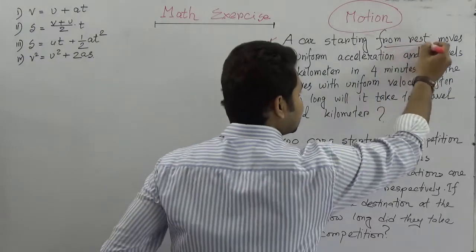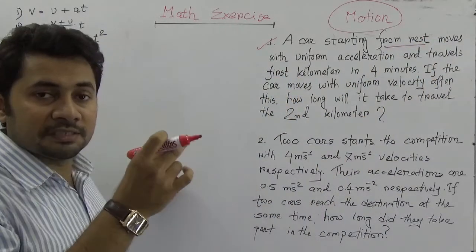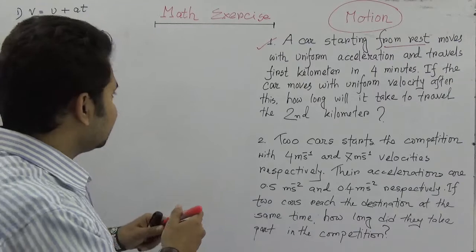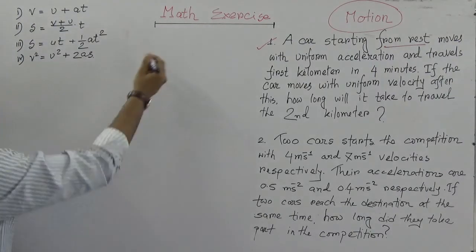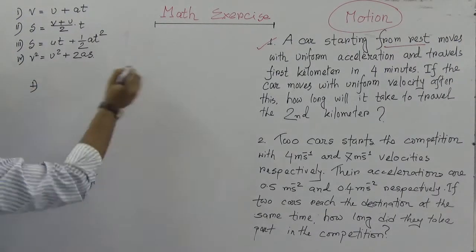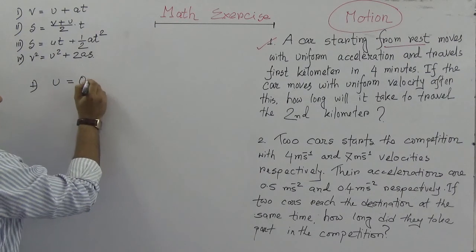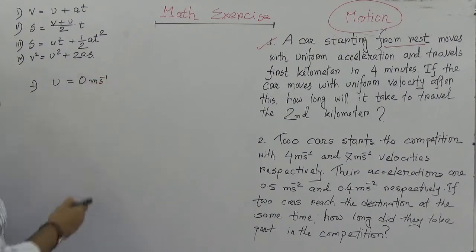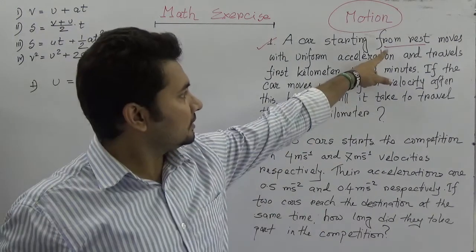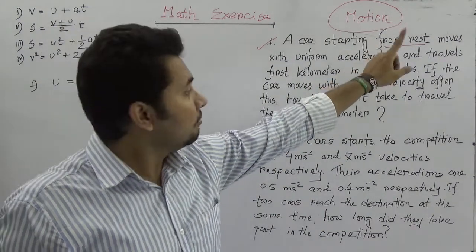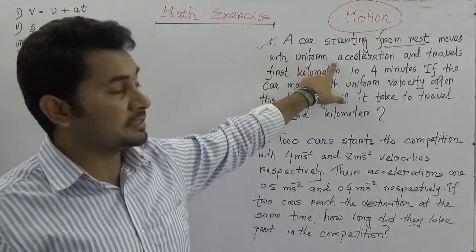If this is written on your question paper, it means the initial velocity is zero meter per second, because it says it started from rest and moves with uniform acceleration.